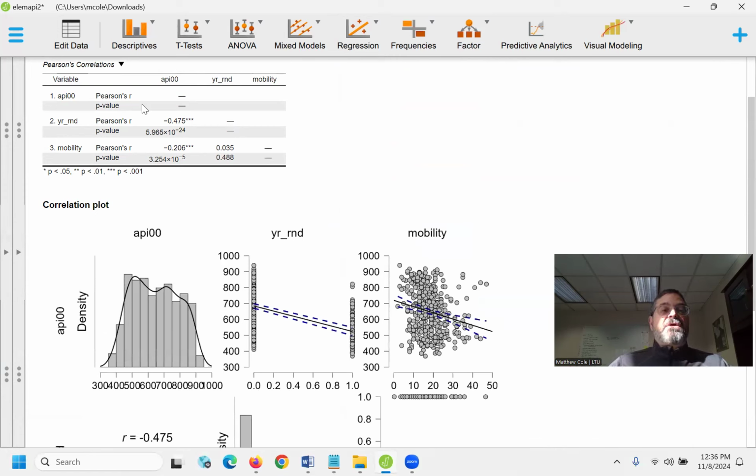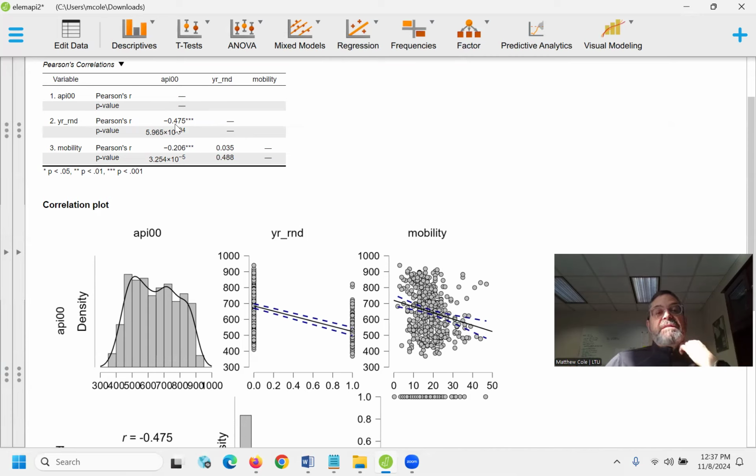So we see from our correlation matrix, the correlation between a variable and itself, we don't do that. So that's why there's no values there. But now we see that API, the outcome variable, is significantly negatively predicted with year-round, right? As it goes from not being open year-round to being open year-round, then we have a large drop in academic performance.